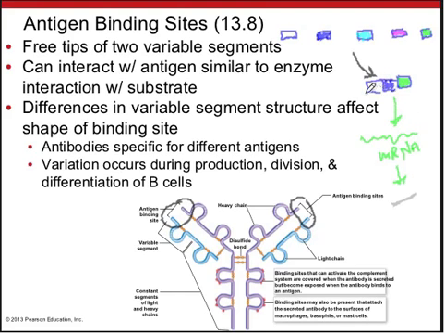The constant region is not something that would be assembled from these diverse bits of DNA. Let's connect these so that you can understand they're all on one DNA molecule in a chromosome.